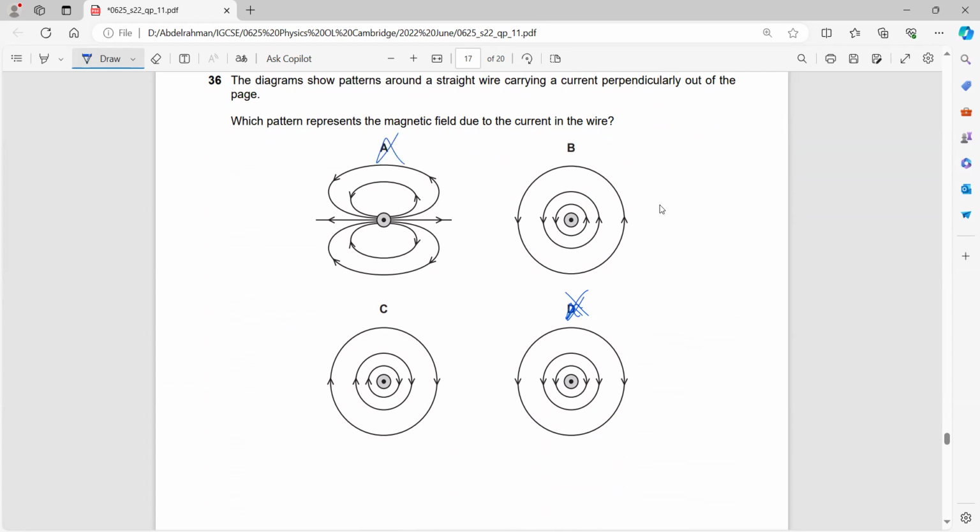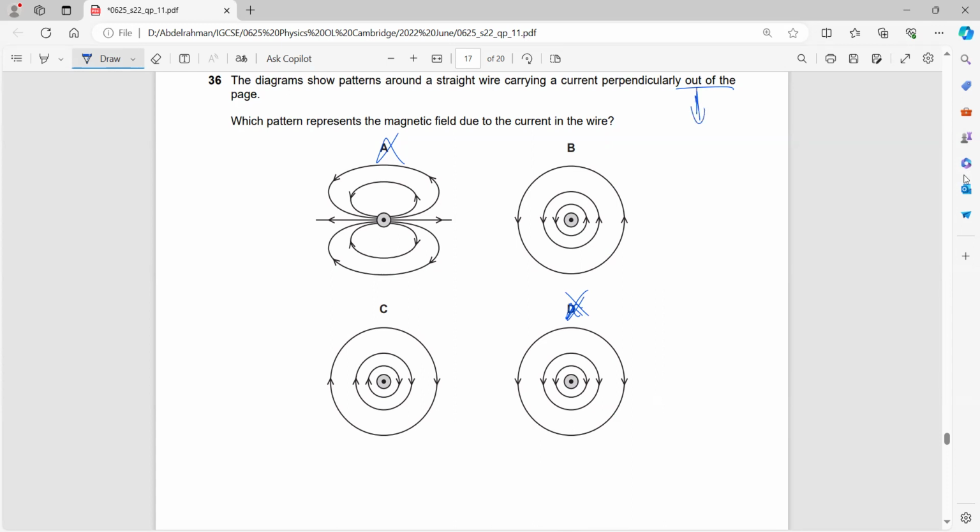It's called the right hand rule. Using the right hand rule grip, the current is moving out of the page. If you don't know how to use it, we can just memorize it.